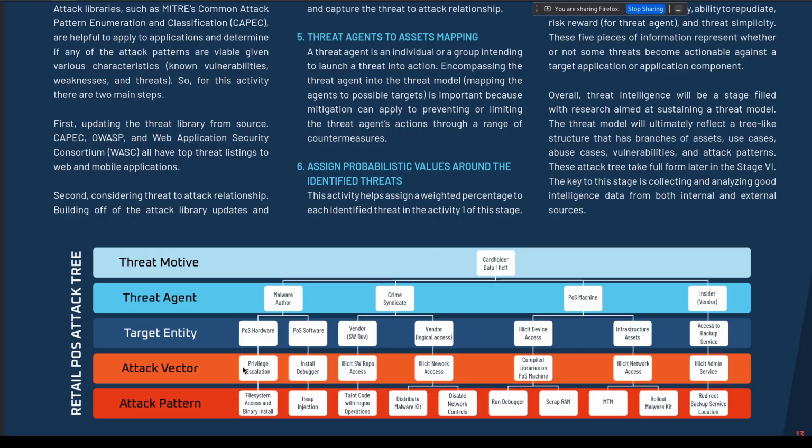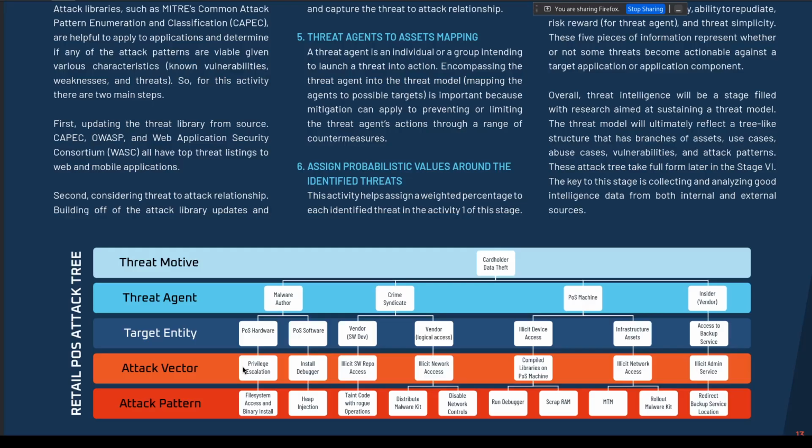So he's mapped to target entities like POS hardware, POS software, etc. And then you have a crime syndicate, or you can consider it as an external threat, who will be mapped to your payment card services application mainly. And that kind of mapping, we have to do in the fifth phase.